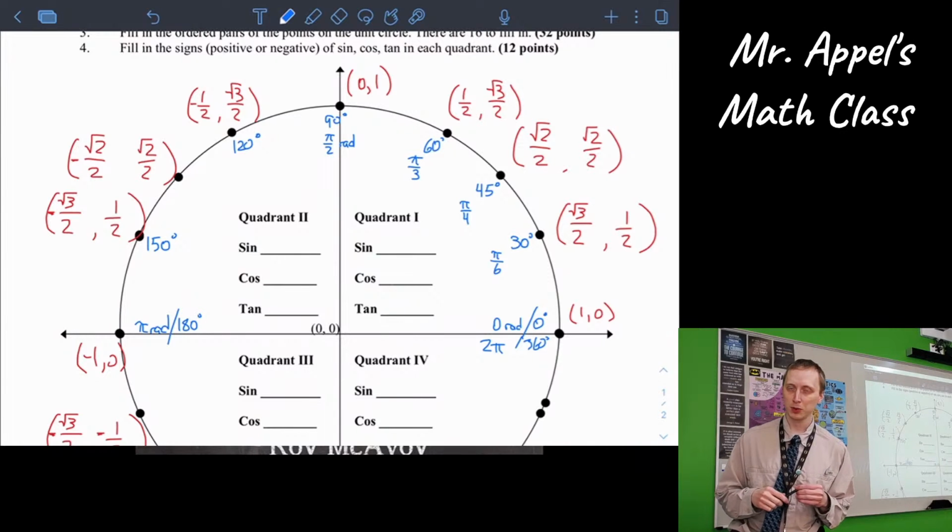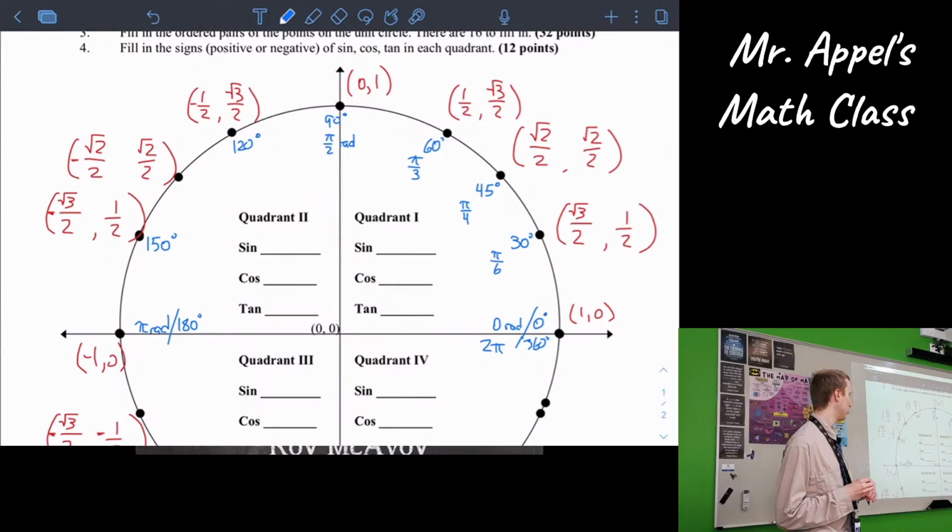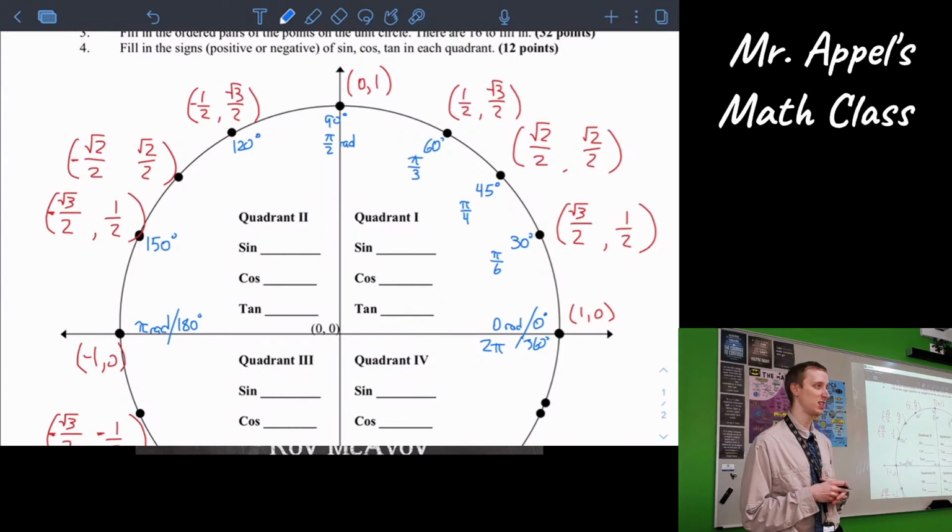Now, the question everybody wants to know, can I use such a tool on a test? Now, this year, I've been letting you use all your notes on the test so far. So absolutely, yes. You have this whole thing created. Fill the rest of it in, please do. And then that'll make your testing life much easier. In the future, you might not be allowed to use all of your notes on a test.